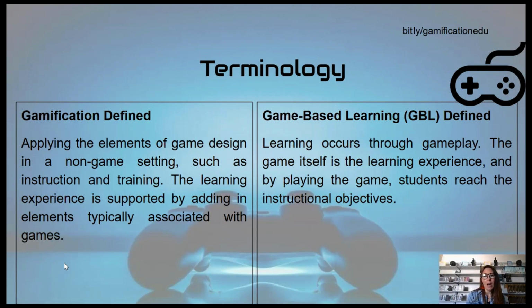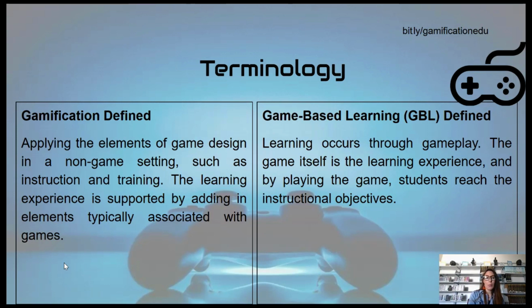There is some terminology that you'll need as we go through this presentation. There are two types of gamification: one is gamification, and the other is game-based learning. Gamification simply is applying the elements of game design in a non-game setting, such as instruction and training.